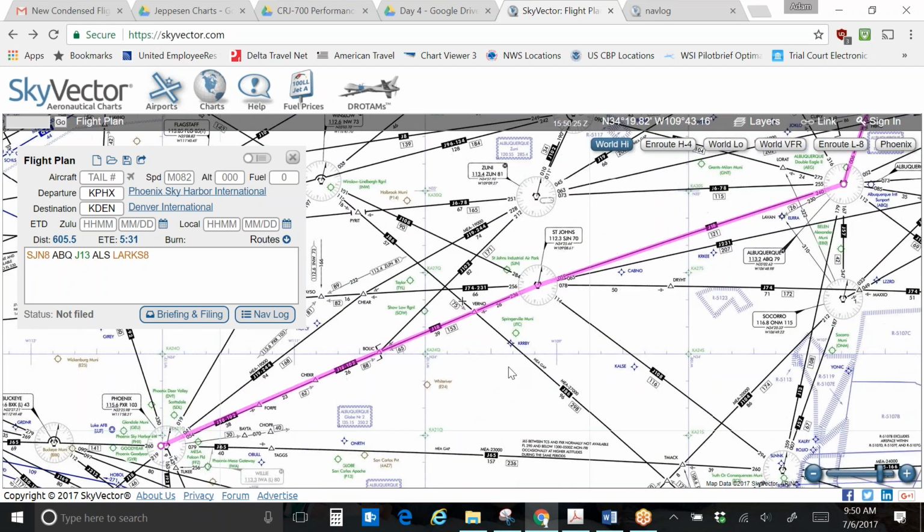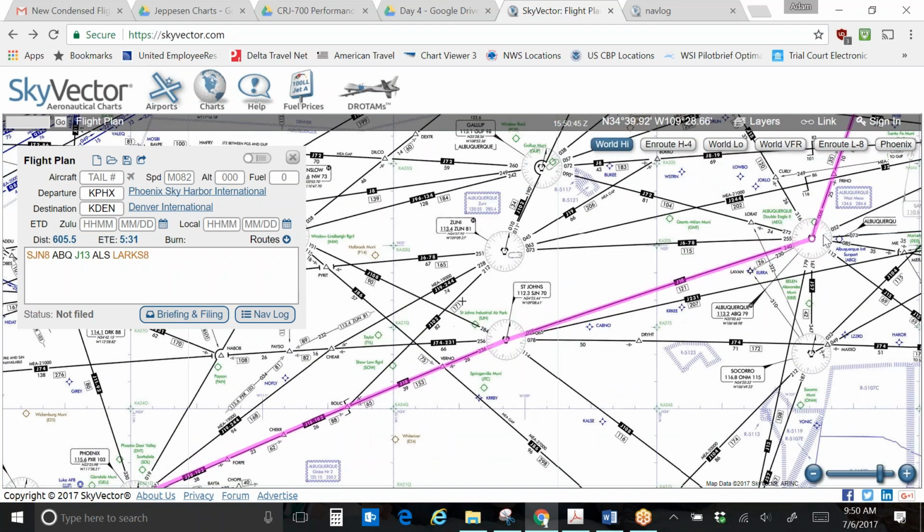So from Phoenix to top of climb, remember we don't do winds on that particular route. The only time we average any of those together is for our simplified, which we've already done. But now just for this particular leg, I'm going to use Zuni and Albuquerque and average those two together.